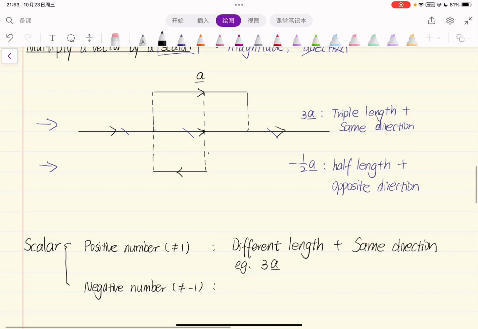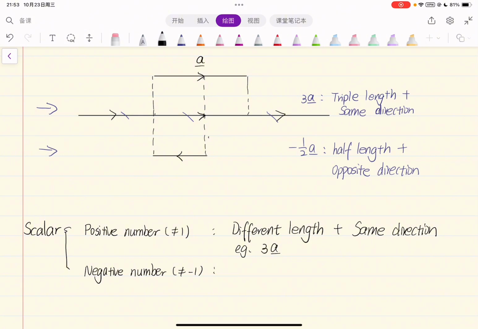If the scalar is a negative number and does not equal -1, this vector has a different length and is in the opposite direction, e.g. minus half a.